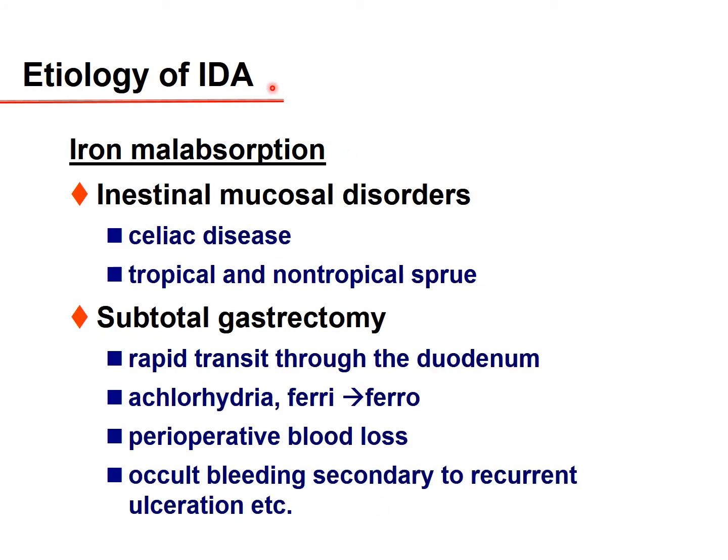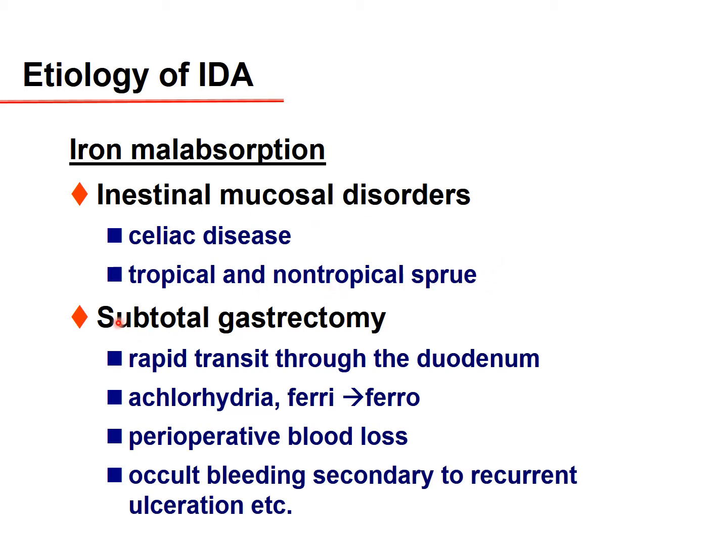Now, another problem can be that we cannot absorb the iron. That can be some kind of intestinal mucosal disorders, such as celiac disease or tropical and non-tropical sprue.